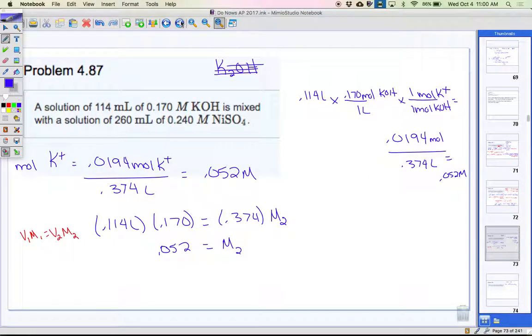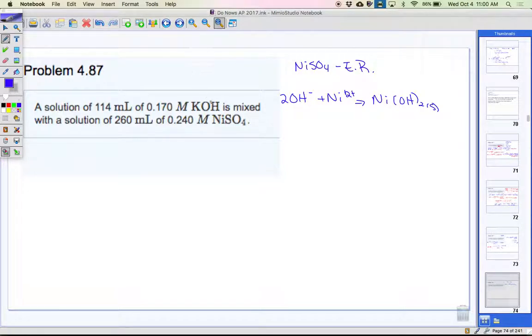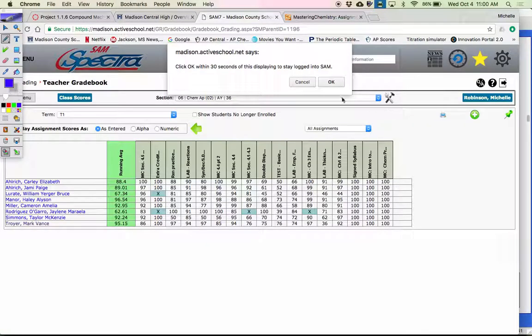But the nickel, on the other hand, was the excess reagent. So some of the nickel is in the solid with the hydroxide, but there's some left over floating around in the solution that didn't get used up.